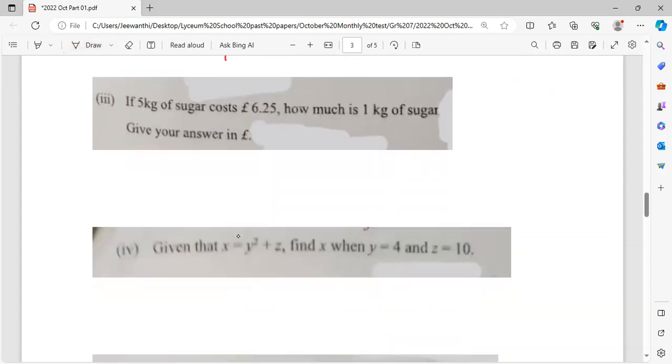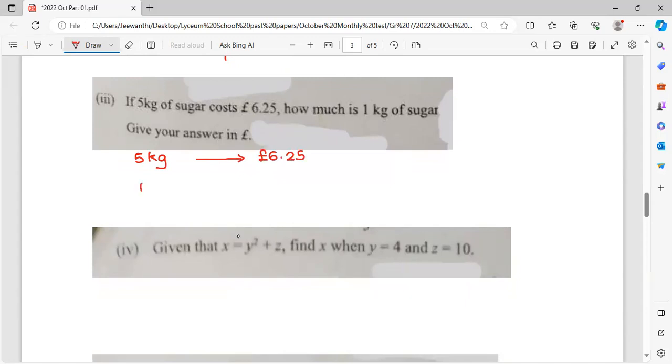If 5 kilograms of sugar cost 6.25, how much is 1 kilogram of sugar? So then 5 kilograms, the price is 6.25. Okay.